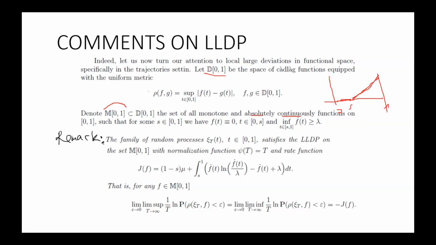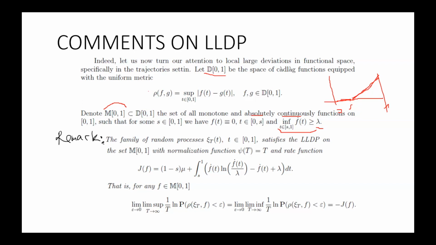And not just increasing: the infimum of the derivative should be greater or equal to lambda. Lambda, remember, is the rate of the Poisson process which is responsible for the increasing of my process. We didn't prove this, but it's a remark.